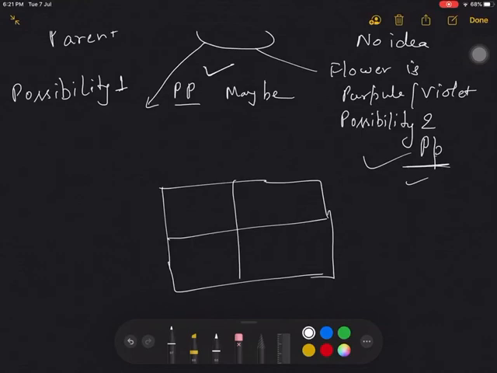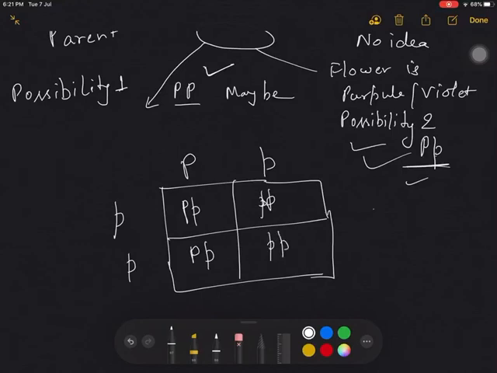If this is heterozygous, we have to write the gamete on the top, and the second parent's gamete on the left-hand side, that is for the white flower, which is small p, homozygous recessive. So what will we get? Capital P, small p, small p, small p, capital P, small p again, and again small p, small p.